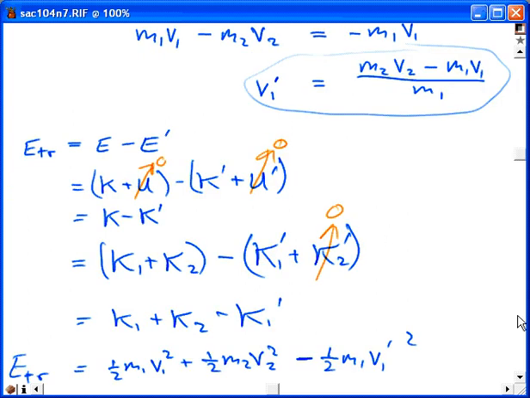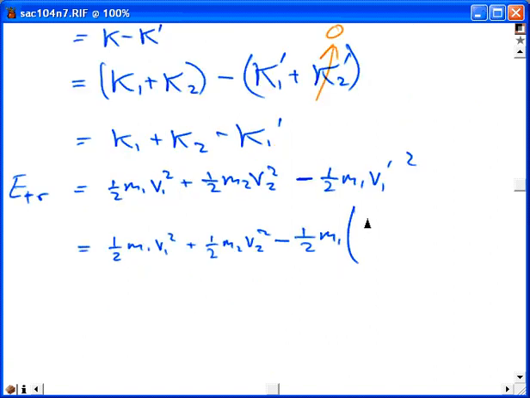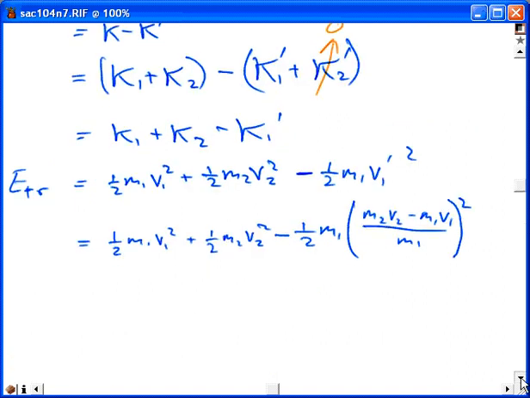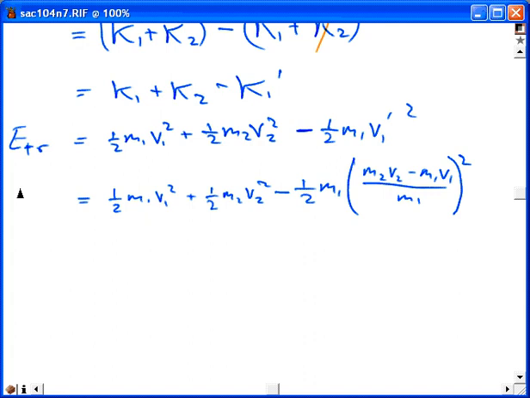Just copy this expression, M2 V2 minus M1 V1 all over M1, right here, and then squared. Let me check and make sure I copied that right. Okay, looks good to me. And that's the answer.